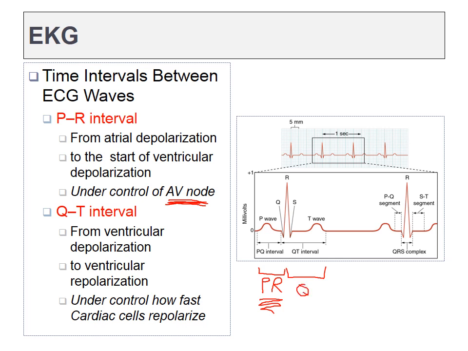The QT interval is the time between the QRS and the T wave. And this represents the time it takes between when the ventricles contract until they relax. So this would tell us a little bit about the health of the ventricular cardiomyocytes. Once again, that's not something we could look at directly.